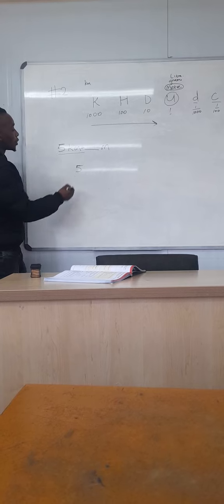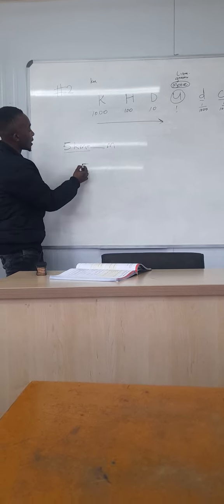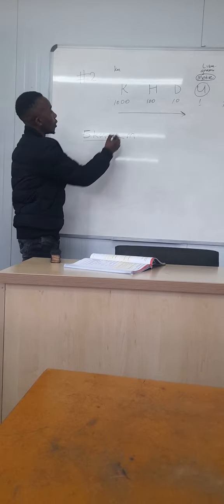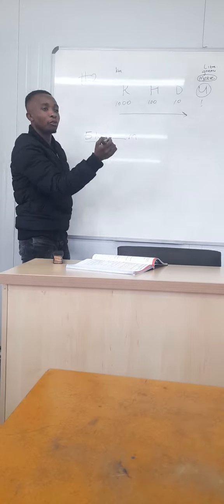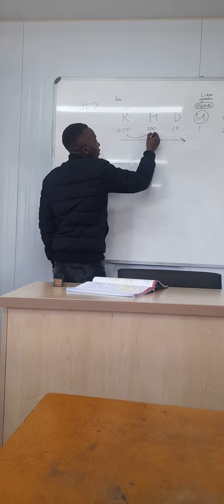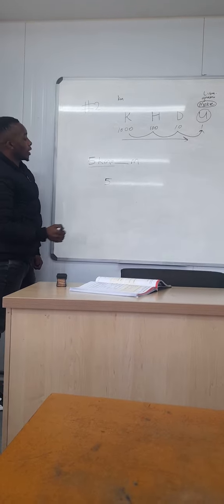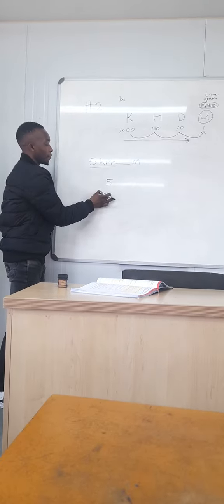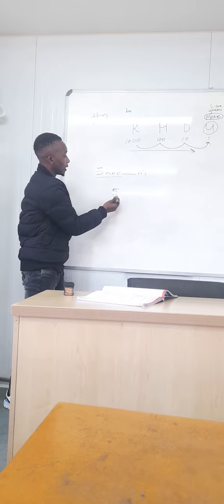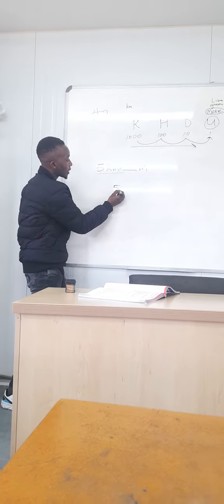Now, we need to use a decimal point. How many times are we going to move to a meter from K? We are going to say 1, 2, 3 times. If I have a number here that is not a decimal, the decimal point is here.